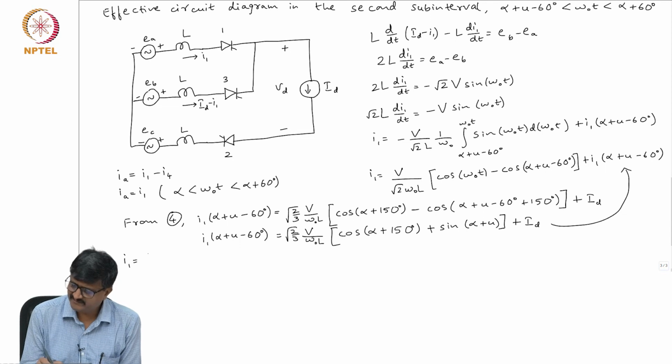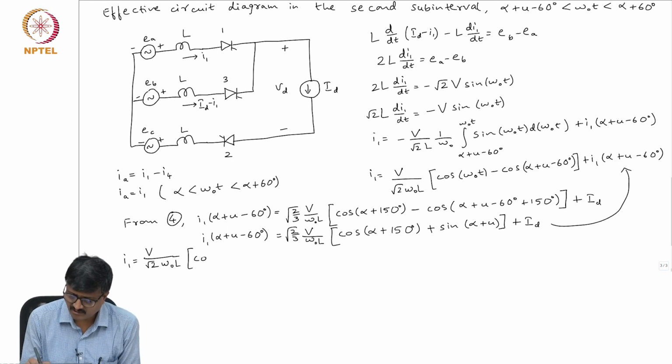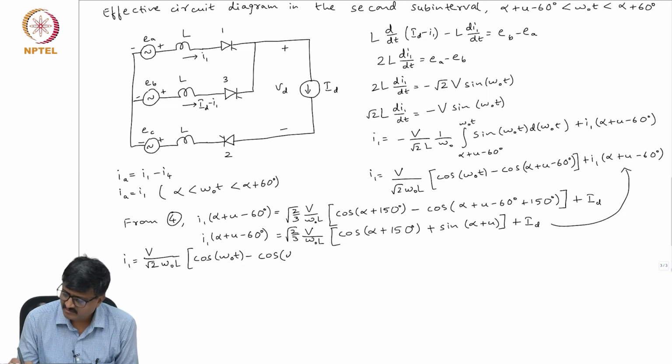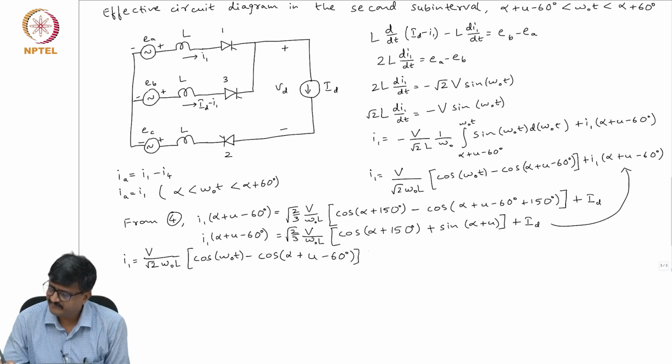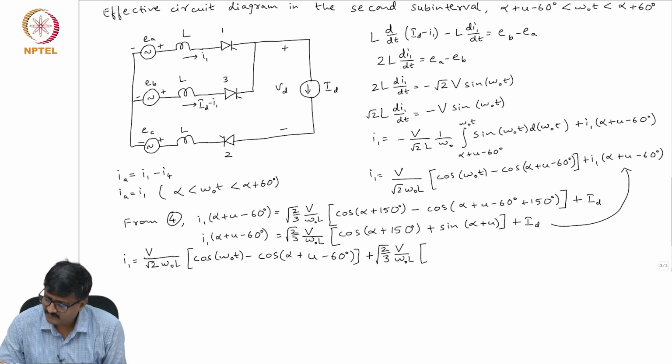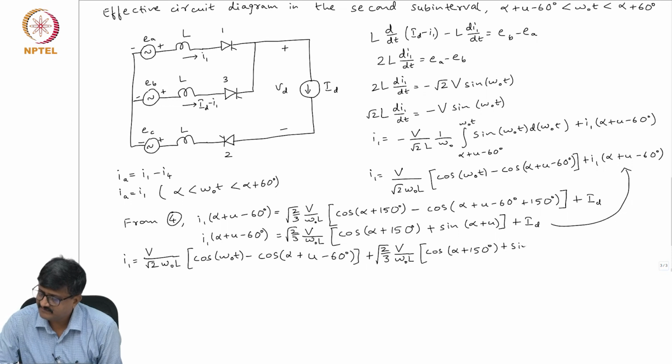So, I1 is V by root 2 omega L, cos omega ot minus cos of alpha plus u minus 60 degrees, plus root 2 by 3 V by omega L, cos alpha plus 150 degrees plus sin alpha plus u plus ID.